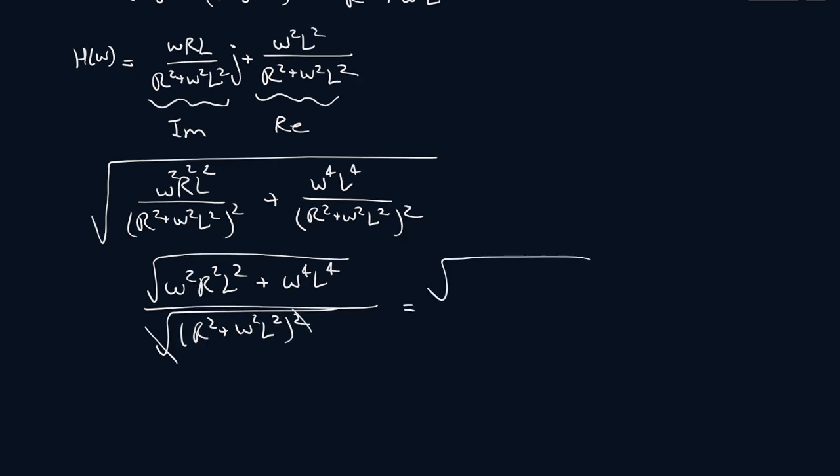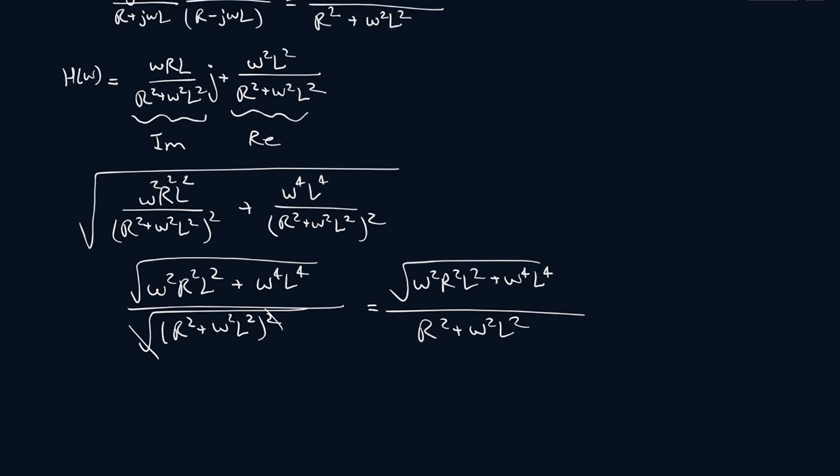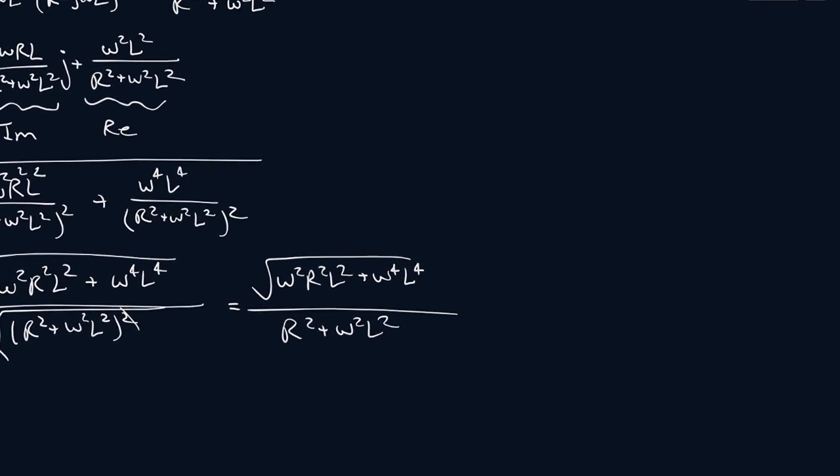So we're left with the square root of W squared R squared L squared plus W to the fourth L to the fourth all over R squared plus W squared L squared. Now, the next thing we're going to do is factor out this even more. Let's see what I could take.